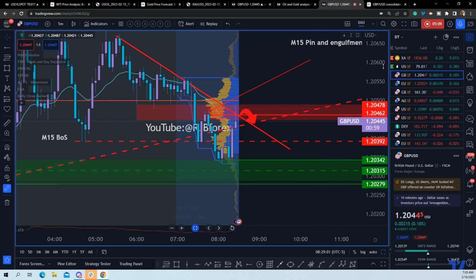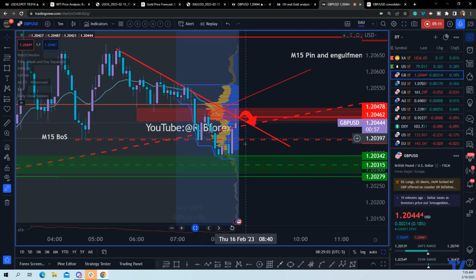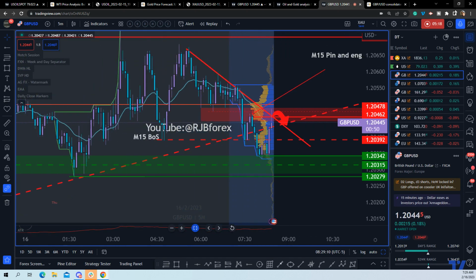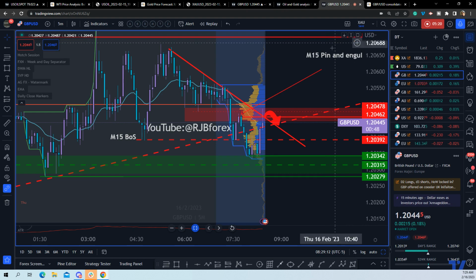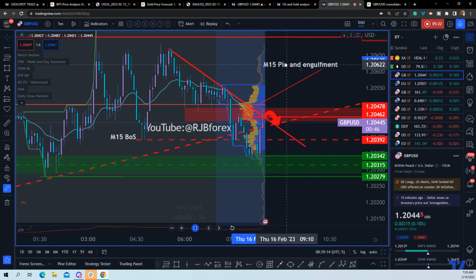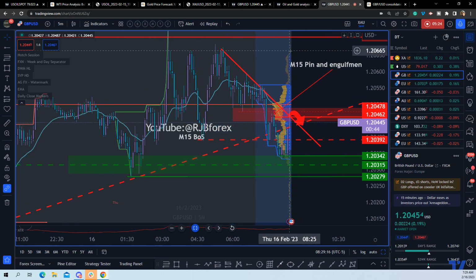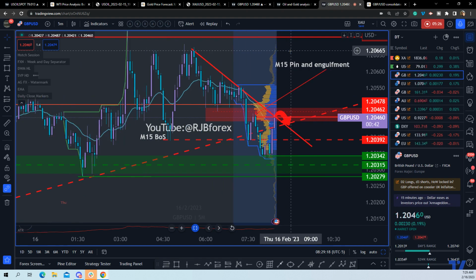So anyway, what we'll do is wait for the data to play out. We're looking for a break of 1.2030. We'll give it 15 minutes before we take any action, if there's anything to do. But we're looking for a short.